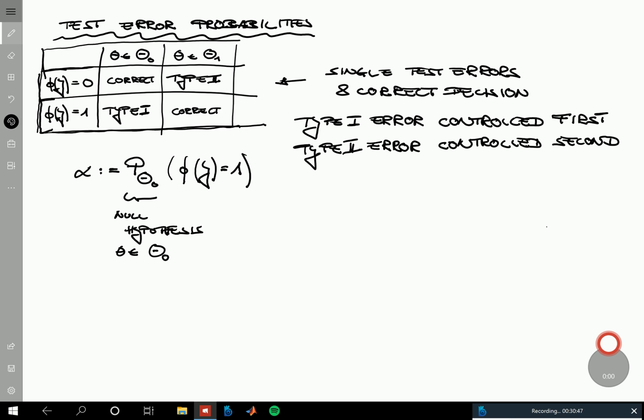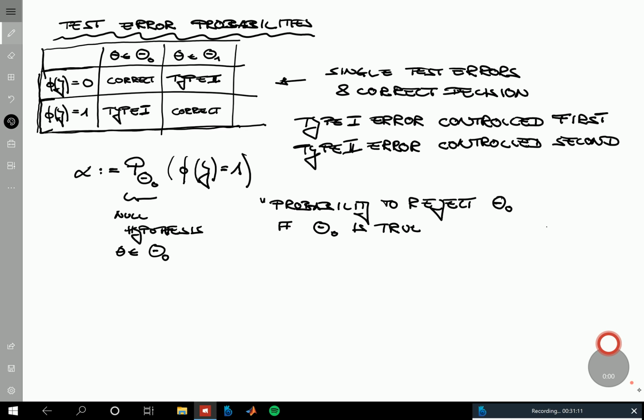So, reject the test: that's the probability to reject the null hypothesis if Theta 0 is true.